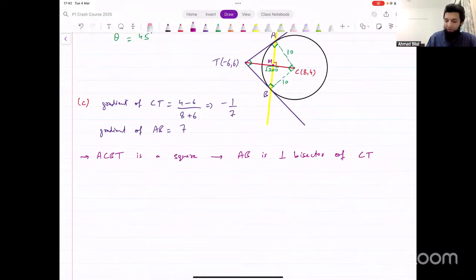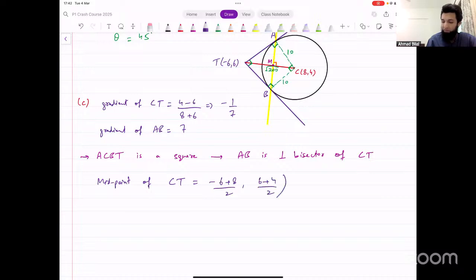And now we can find that midpoint of CT. Midpoint of CT, what's that? Minus 6 plus 8 over 2 and 6 plus 4 over 2. That gives us 1 and 5.